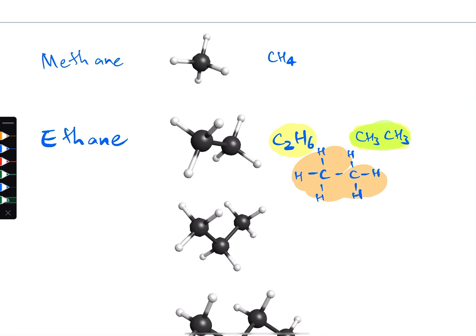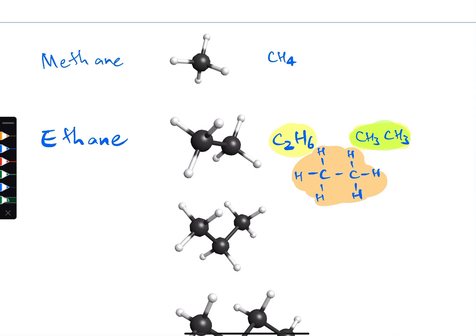It gives you all the connection information that you can see in the ball and stick model. So why bother with ball and stick models? Well, ball and stick models give you information about how those bonds and atoms are arranged in three-dimensional space, whilst the structural representation, the one in orange, gives you the sense of connection between the atoms, but doesn't provide much information about how it's arranged in 3D space.